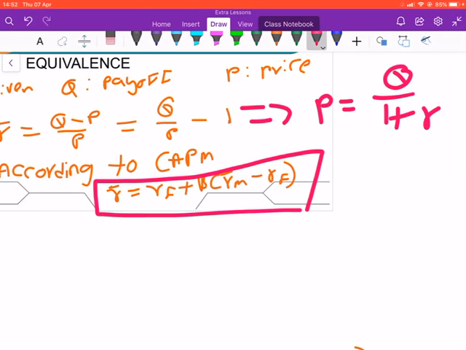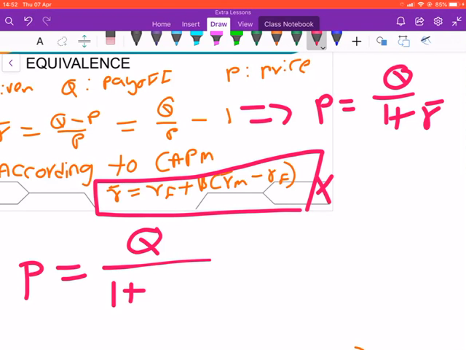And the return according to CAPM is equal to RF plus beta and the market excess returns.